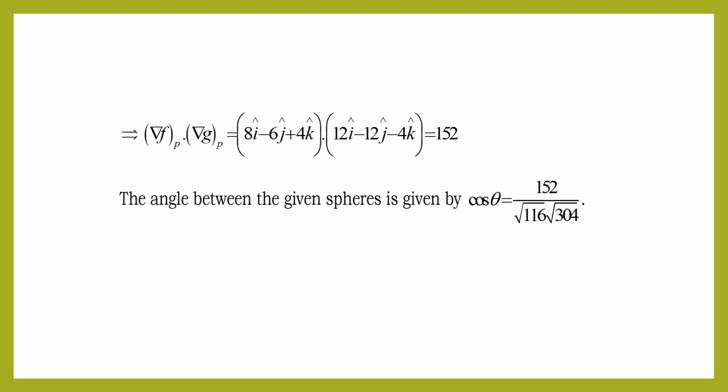Now the angle between the given two spheres at the given point P is nothing but the angle between the normals del F at P and del G at P. So the angle is given by cos theta equals del F at P dot del G at P divided by norm del F at P times norm del G at P, which is equal to 152 upon root of 116 times root of 304.